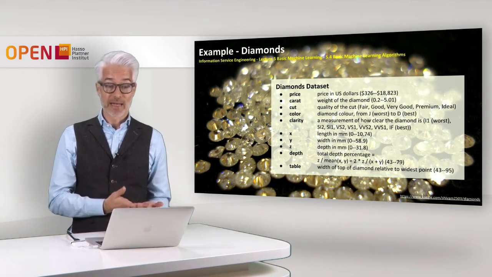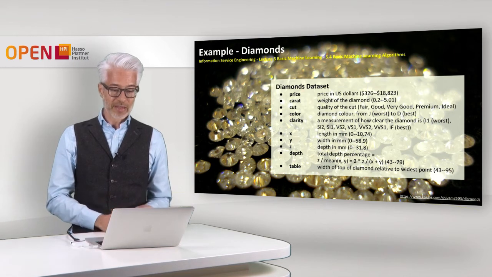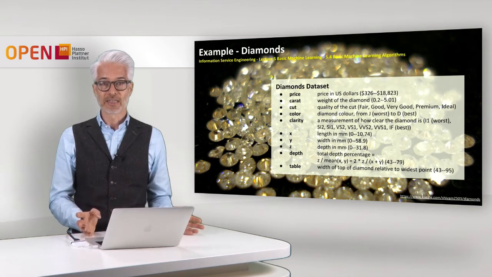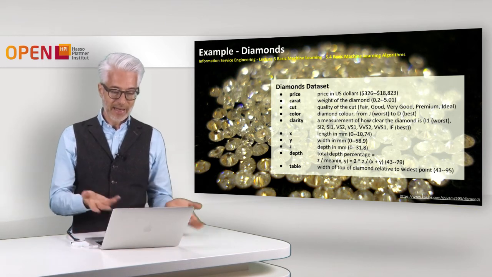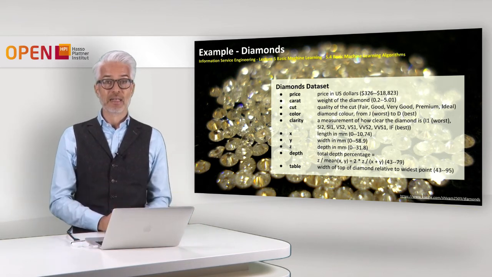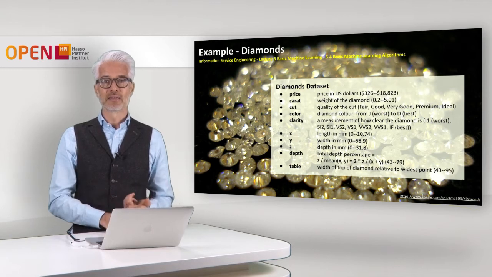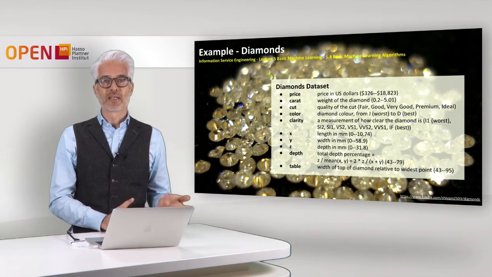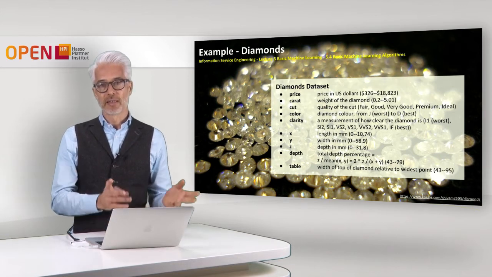There are samples of diamonds and data of diamonds, which includes, for example, their prices. The price range here is between $300 and $18,000. Then the weight in karat, which is the weight of the diamond. Then we have the cut and the quality of the cut. We have the color of the diamond. We have the clarity, a measurement of how clear the diamond is.